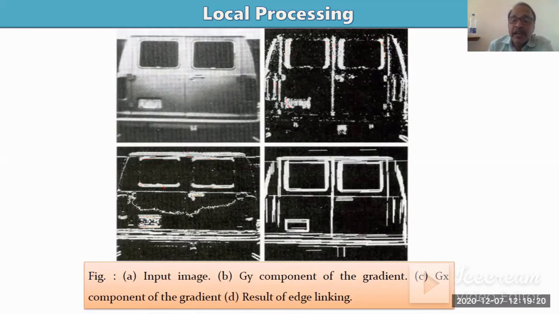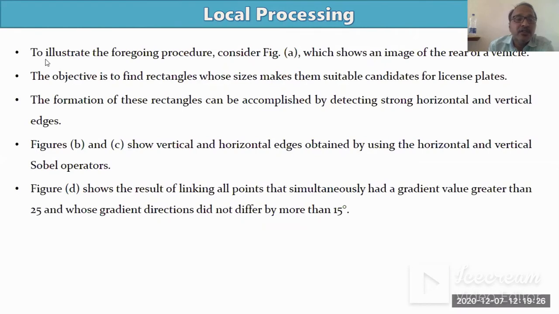So by using the y gradient and the x gradient, and merging these two, we can get our final result. To illustrate this procedure, in figure A we show the image of the rear side of a vehicle. The objective is to find rectangles whose size makes them suitable for a license plate.